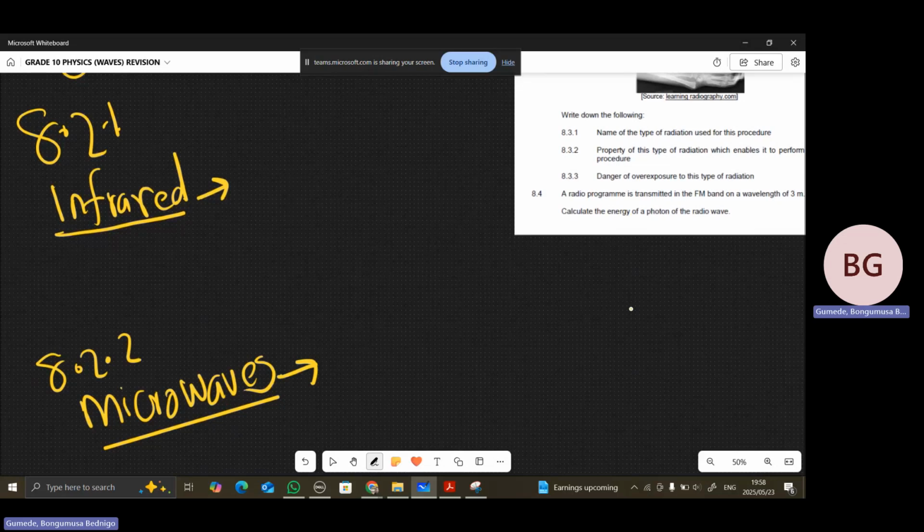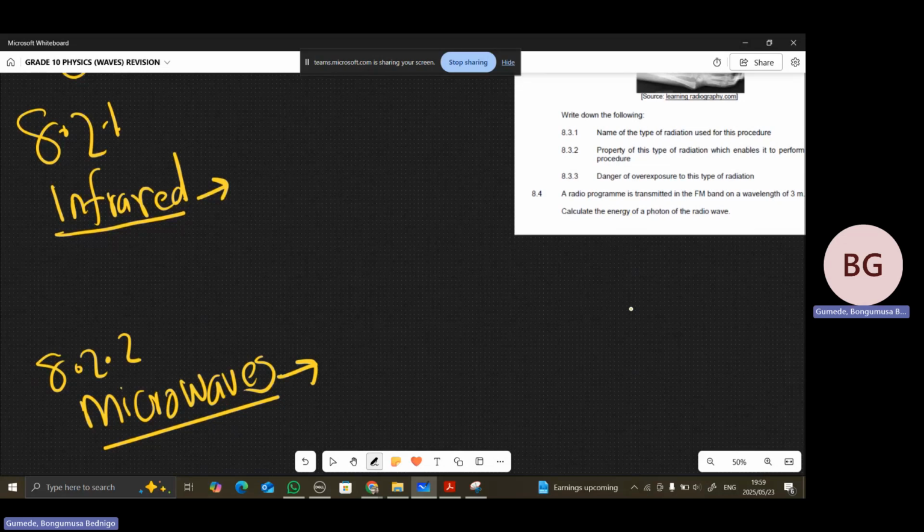All right, infrared. With infrared, you can be thinking about these scanners usually used at airports, which can pick up heat.